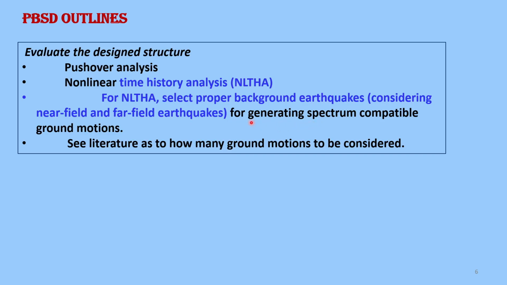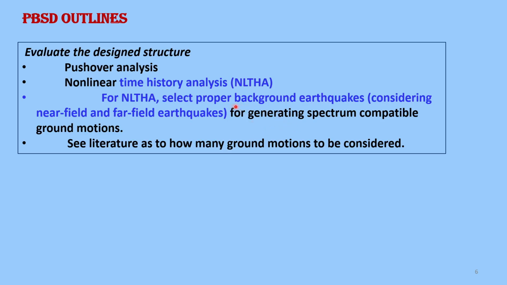So the earthquake under which you test the system after design also should be of that same seismic level and matching to that spectrum. So this is achievable by taking ground motions which are called spectrum compatible ground motions. For generating these spectrum compatible ground motions, you have many software like SeismoMatch, also SEP 2000 ETFs also give such spectrum compatible ground motions.